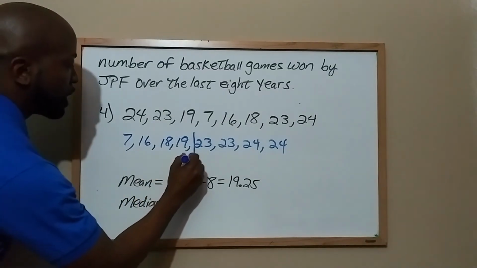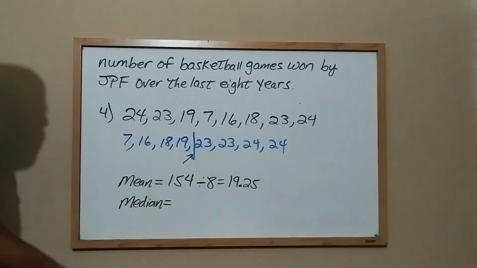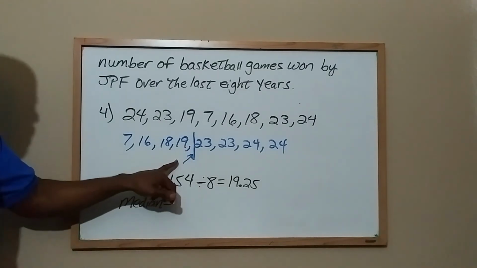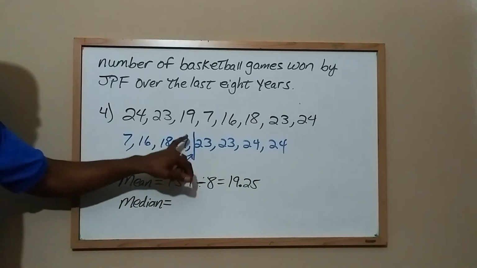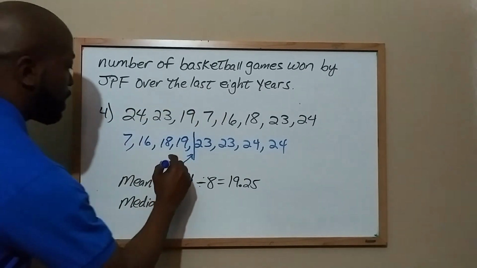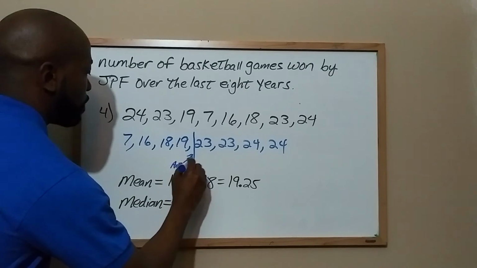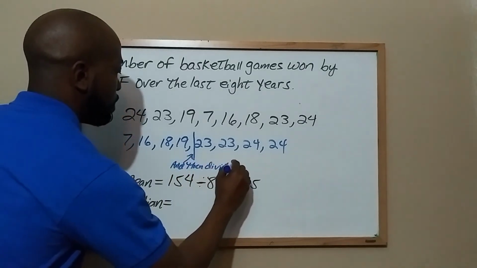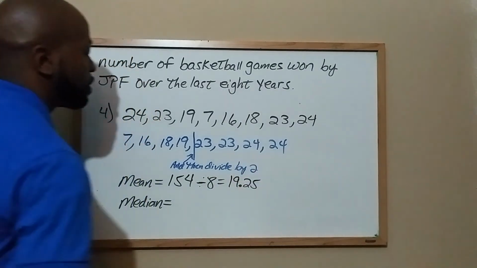So my median is this number that's in between 19 and 23. In order to find the number in the middle of 19 and 23, I need to add the two numbers, then divide by 2.